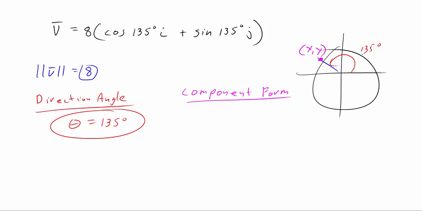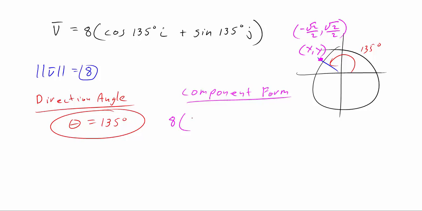So we're just going to work this problem out. We're going to take 8 and multiply that by the cosine of 135. If we look on the unit circle, the cosine of 135 is the x coordinate, which is negative square root of 2 over 2. The y coordinate is a positive square root of 2 over 2.